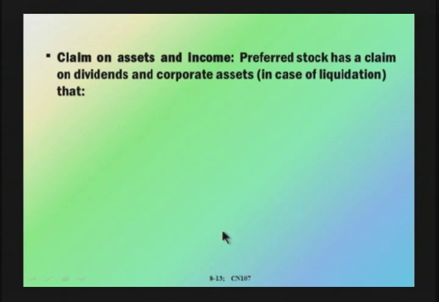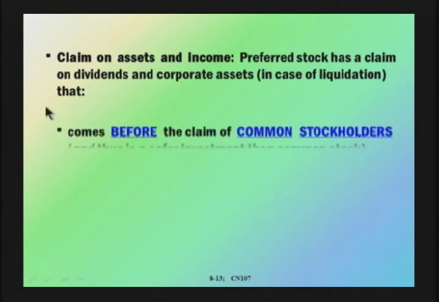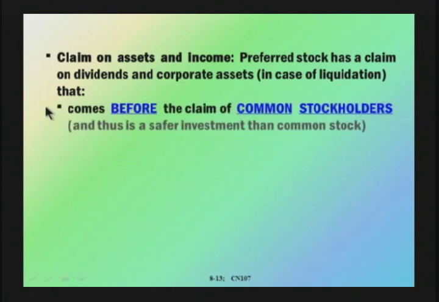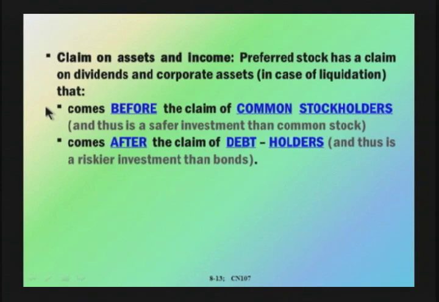We know preferred stock gets its name because it has a preference. It comes before common stock in both the claim on dividends and the claim on assets in case the firm is liquidated. So preferred comes before common stockholders, and that's what gives the preference, and that's what makes preferred stock safer than common stock.